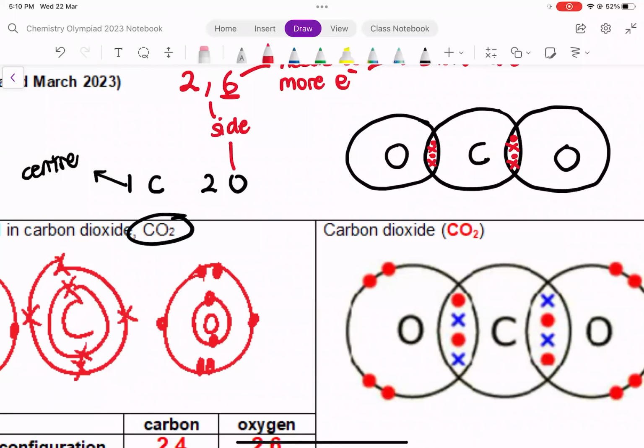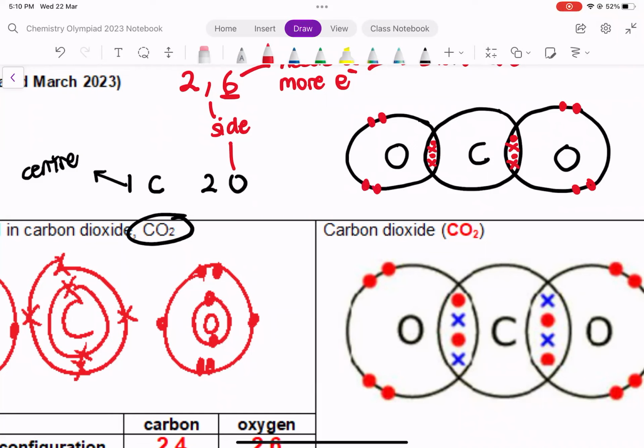The purpose of sharing electrons is so that the outer electron shell is fully filled, which means 8 electrons. Dot cross, dot cross is a total of 4 electrons, meaning there must be 4 more in the valence shell which are not shared.